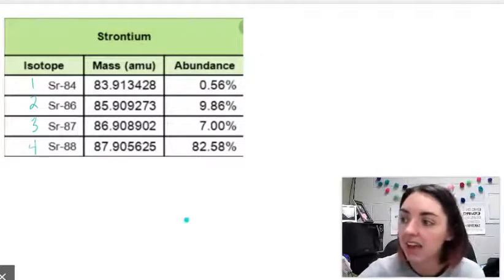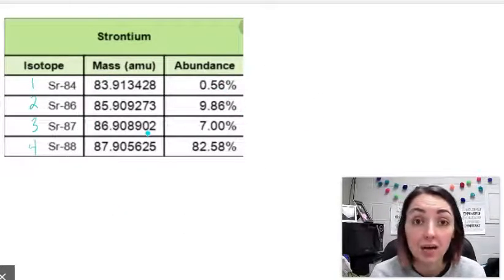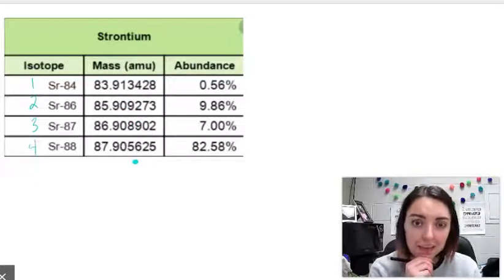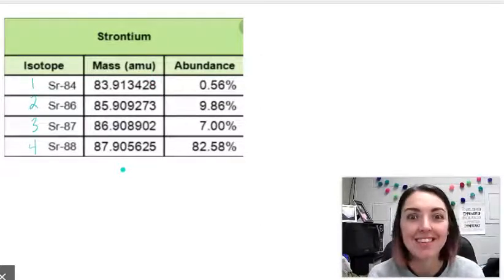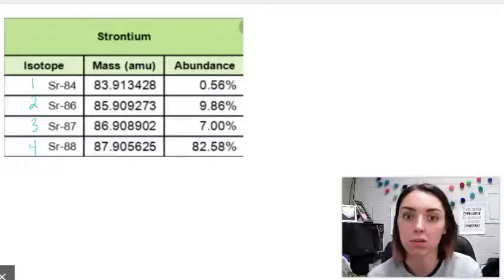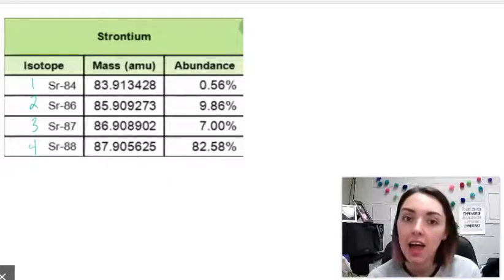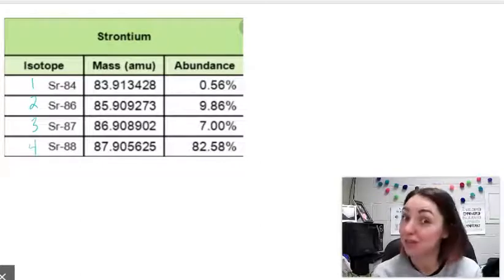To figure out the average atomic mass, we're going to use the percent abundance and the mass of each isotope. Now, you'll notice that we're given that mass as a decimal number because technically we have this crazy thing called nuclear binding energy, where a little tiny bit of mass actually gets used to bind the nuclear particles together.